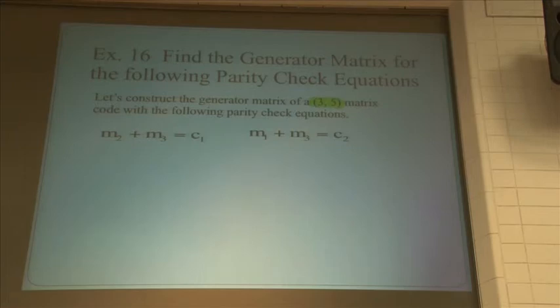Here are our formulas for how we calculate our check bits, C1 and C2. You start with 3, you end up with 5 digits, so you have 2 check bits or check digits. Since we have 3 in our original string, we have to work with a 3 by 3 identity matrix. So we write this out. Since it's a 3 by 3, 3 ones on the diagonal.